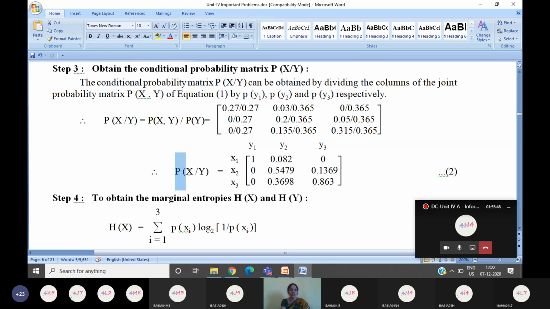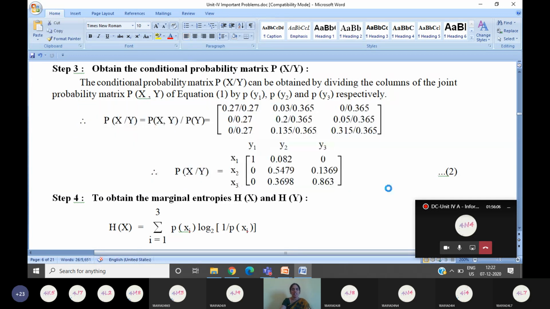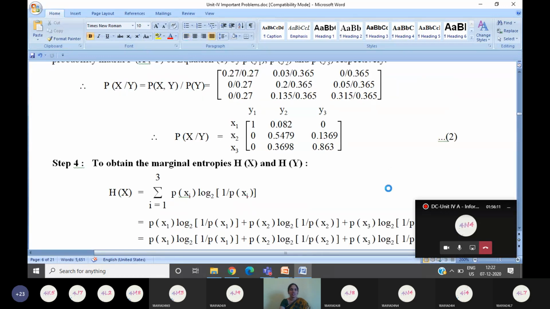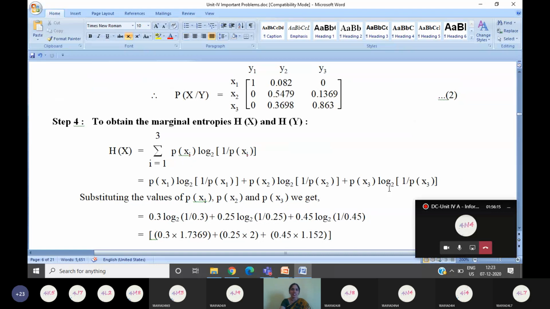So for cross verification of P of X by Y, sum of elements in each column should be equal to 1. And for P of Y by X, the sum of elements in each row should be equal to 1. If you know these 4 to 5 rules while doing this kind of problems, you will feel it is easier. If you don't know this, you cannot justify whether your answer is correct or not.